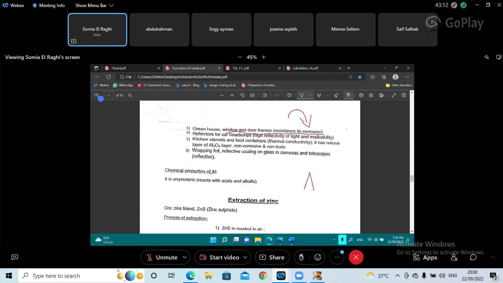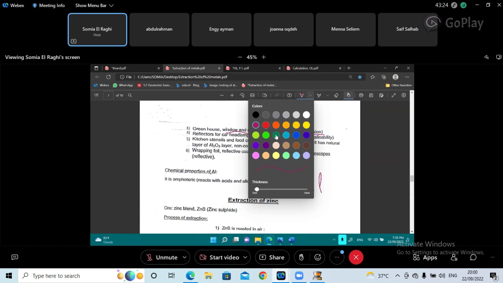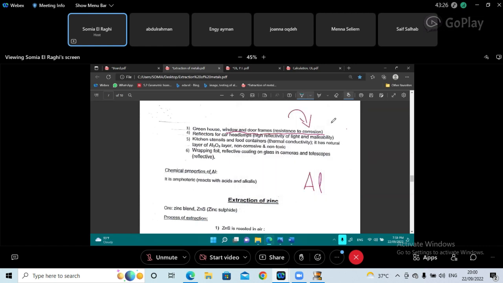If we leave this aluminum in air, what do we get? A natural layer, non-toxic. Of what? Aluminum oxide, very good. I have one layer. It is not rust. It is not like iron.